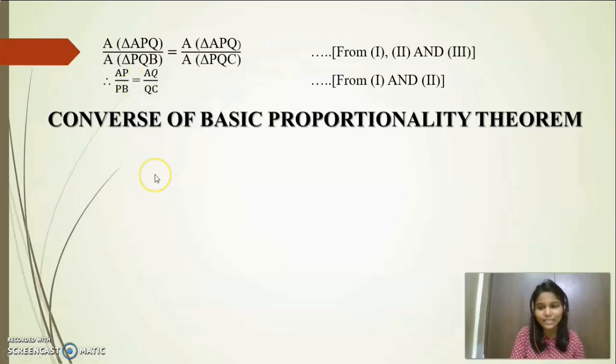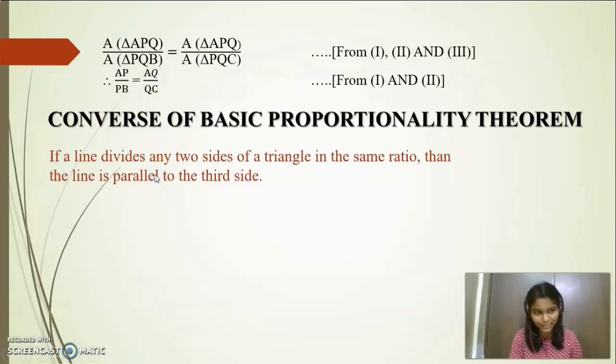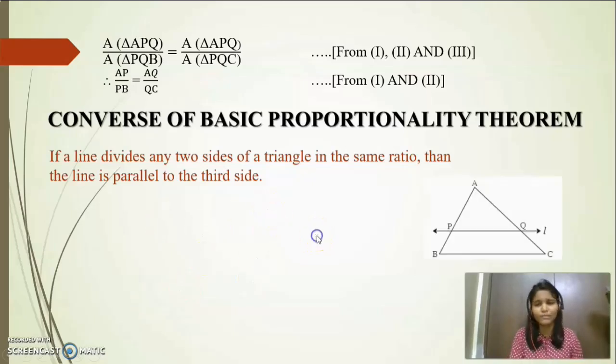So let us see what the statement of the converse of the basic proportionality theorem says. If a line divides any two sides of a triangle in the same ratio, then the line is parallel to the third side. If we try to make a figure with the help of this statement, it will be similar to the basic proportionality theorem figure.